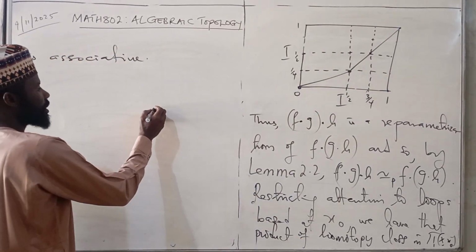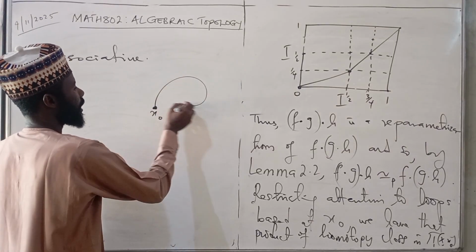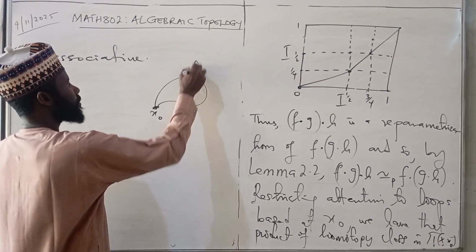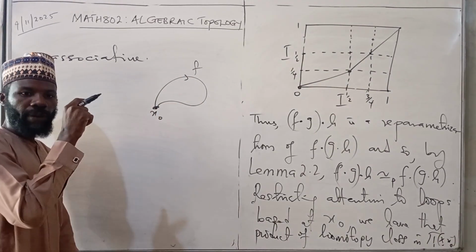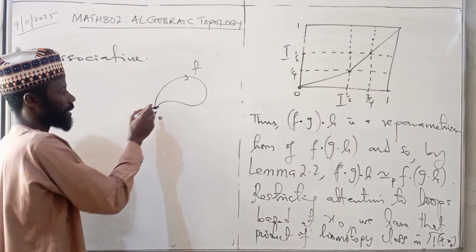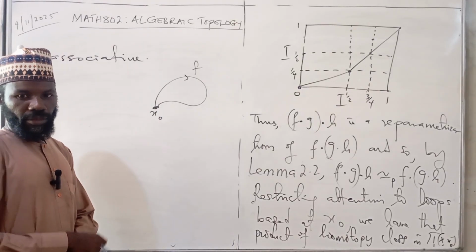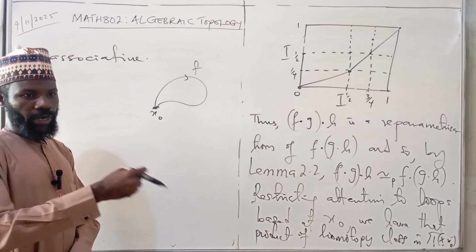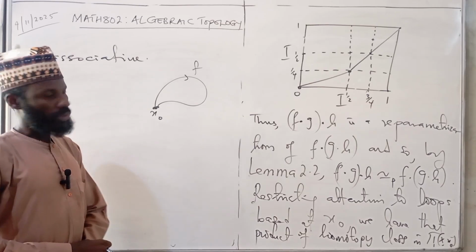So you see, if you start from x naught and f, you just do the constant path. Constant path means you stay there. You stay there for 1 hour, and that is all. It means everything is mapped to x naught.